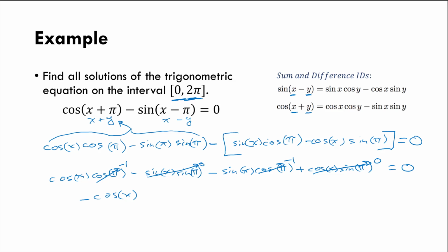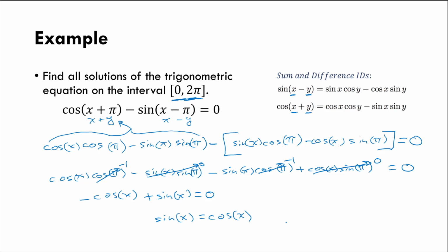Forgot that right-hand side of my equation there for a second, but we got it back. So I've got negative cosine x plus sine of x is equal to 0. In other words, if I add cosine to both sides, I'm going to be left with sine of x is equal to cosine of x, okay?